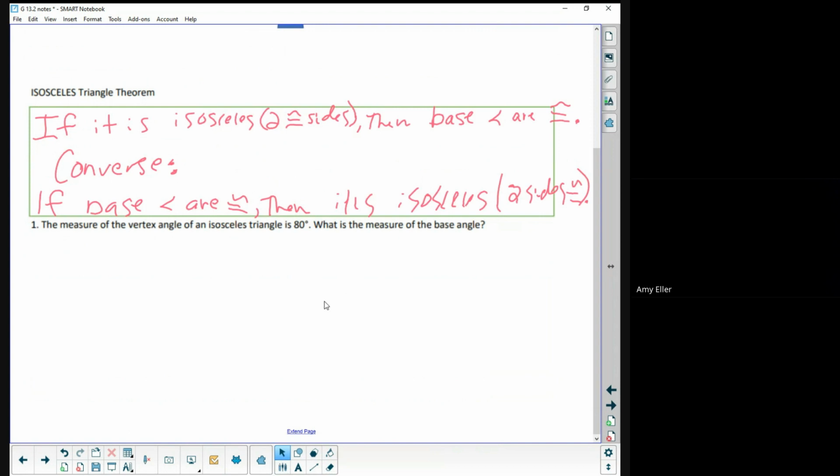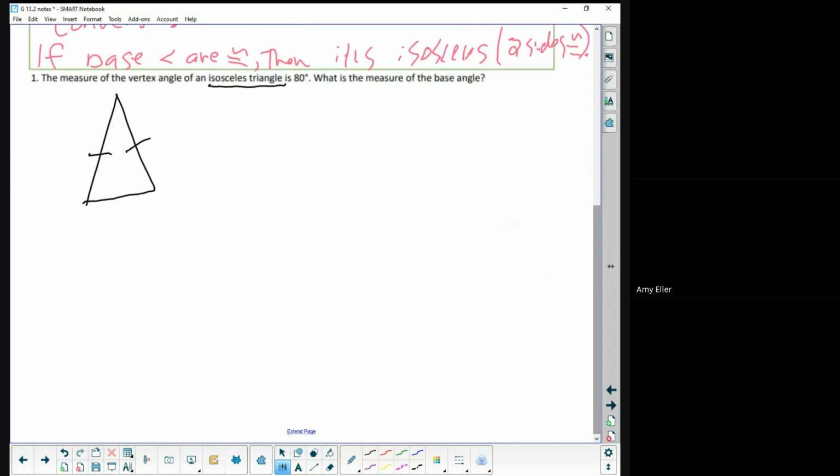Question number 1. If the measure of the vertex angle of an isosceles triangle is 80 degrees, what is the measure of the base angle? Since it says I have an isosceles triangle, I want you to always start by drawing an isosceles triangle. And label the base.